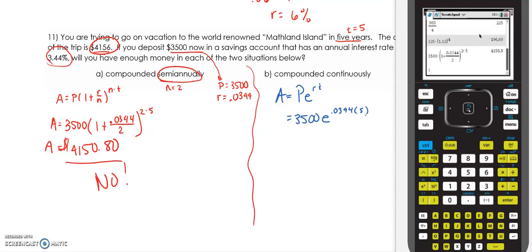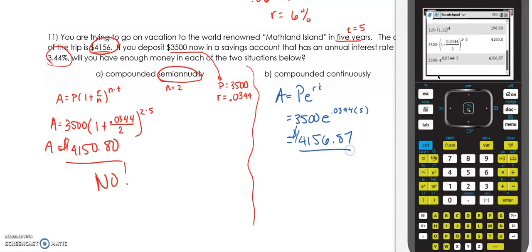So if we go ahead and put that in the calculator, 3,500, and here's our e. So we're going to say times e, and it opens up an exponent right away. And we'll put that in, and let's see how much money we have now. We have 4,156.87.